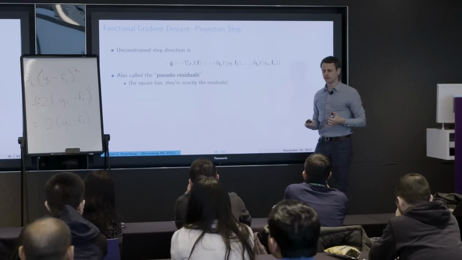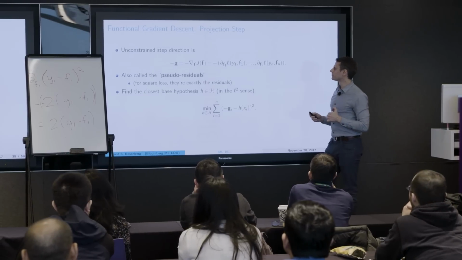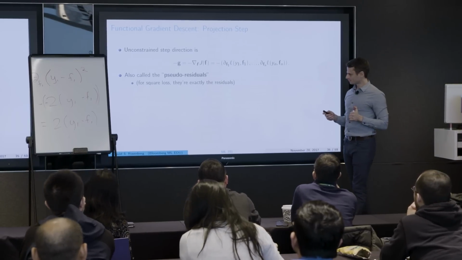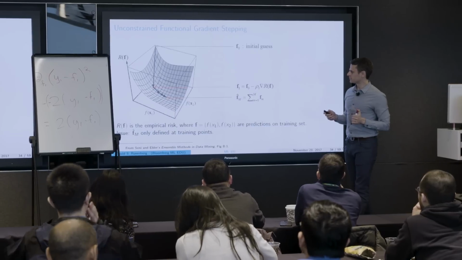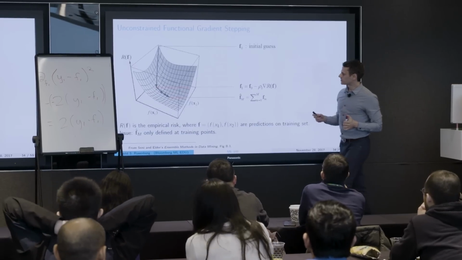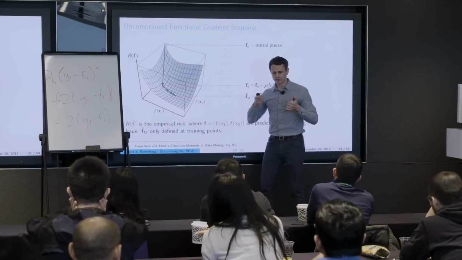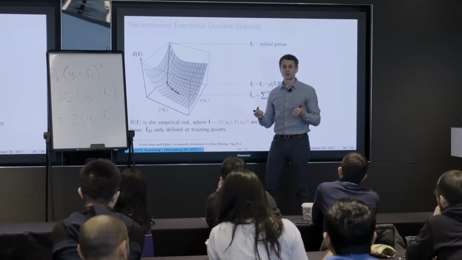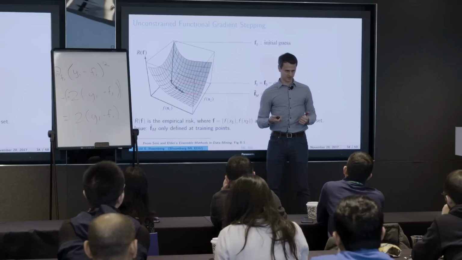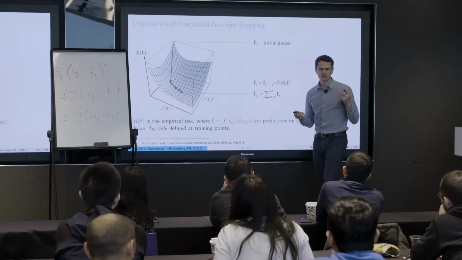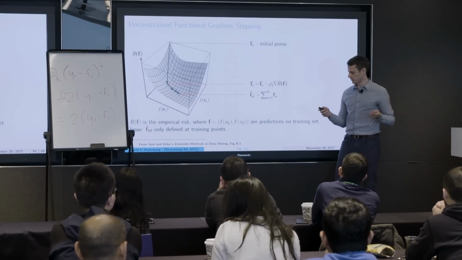We can apply this for any loss. All right. So here's the key idea. This is all well and good to minimize over the space of functions for predictions just on the training points. But we want a function that is defined everywhere. All right?